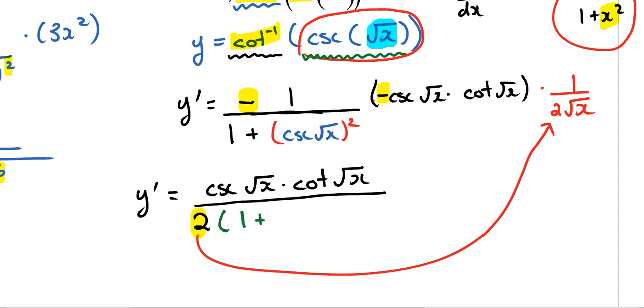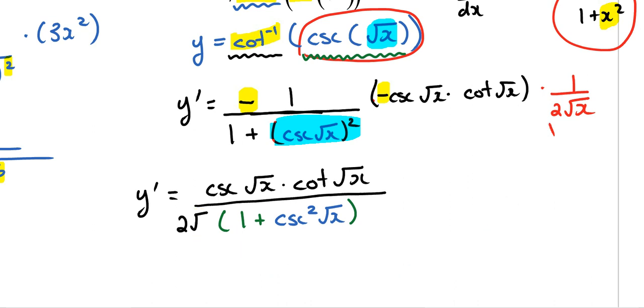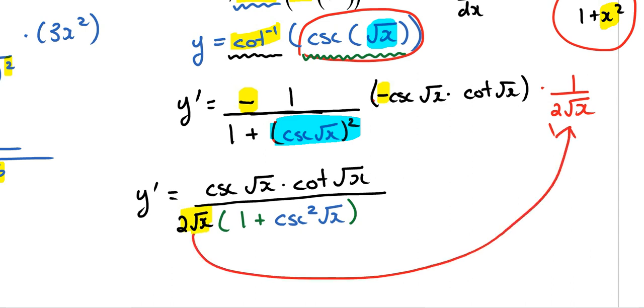Now this part that I'm highlighting in blue, you may write it as it is, or another way that you might see this written is cosecant squared root x. That's notation we can use to simplify a trig function being squared. And then I'll multiply that by, actually I'll put the root x over here as well. Sorry, I'm going to delete this at the beginning and just put 2 root x. I apologize for that. That 2 root x is simply going to be all of that part right there. And there you go. That's how you would simplify that problem.